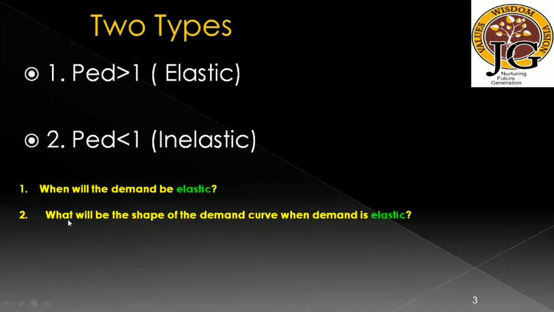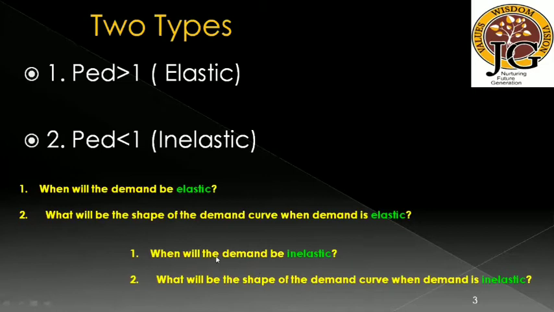And number 2, what will be the shape of the demand curve when demand is elastic? Similarly, for the second type, that is price elasticity less than 1 or inelastic demand, again we want to answer 2 similar questions. Number 1, when will demand be inelastic? And number 2, what will be the shape of the demand curve when demand is inelastic?